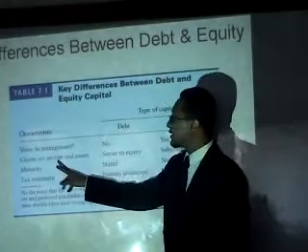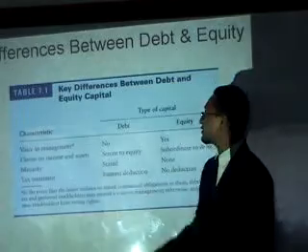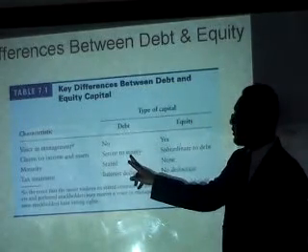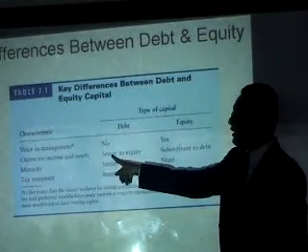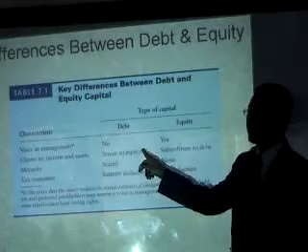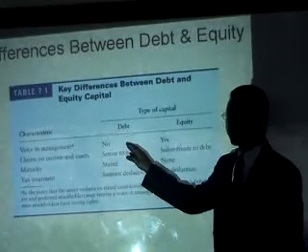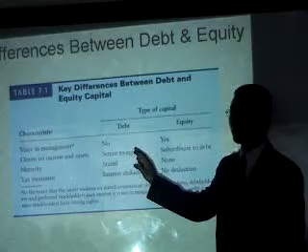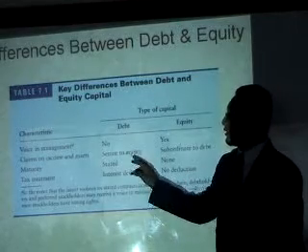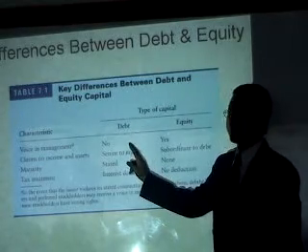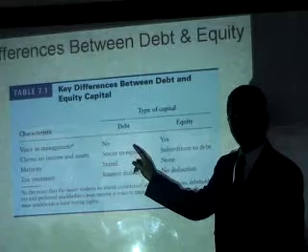And then you look at the second one, claims on income and assets. If you look at debt, actually debt is senior to equity. If in the case the company goes bankrupt or winding up, the debt will be paid first.